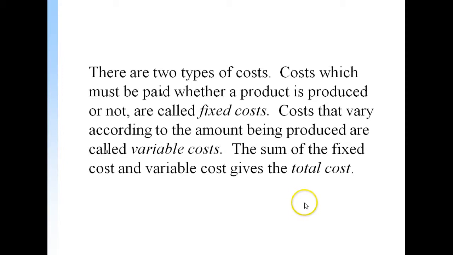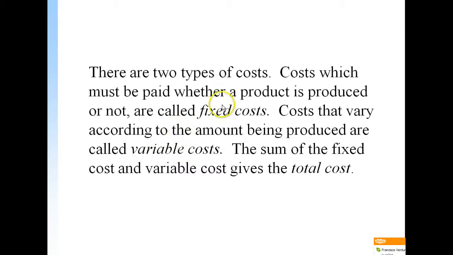And there are two types of cost. Costs which must be paid whether a product is produced or not are called fixed cost. Costs that may vary according to the amount being produced are called variable cost.